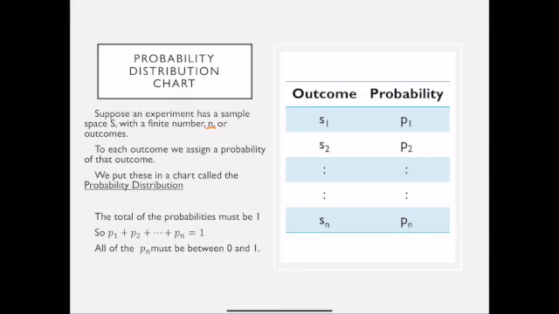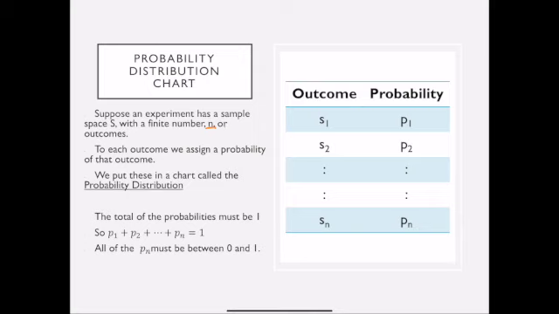So when we find probabilities, we want to represent them with a probability distribution chart, okay? Let's suppose an experiment has a sample space S with a finite number of outcomes, okay? To each outcome, we're going to assign a probability of that outcome, right?